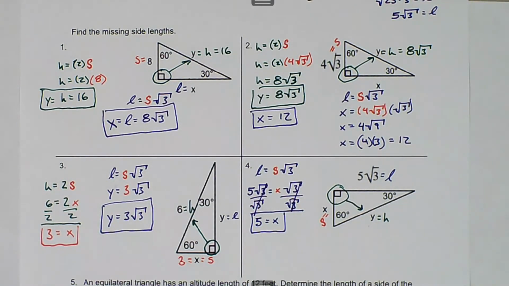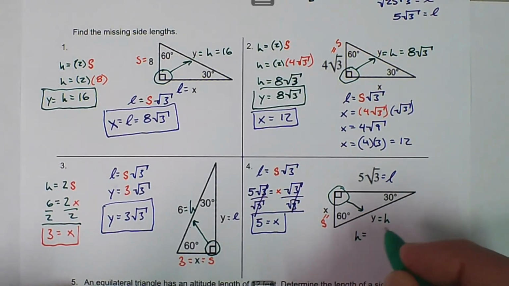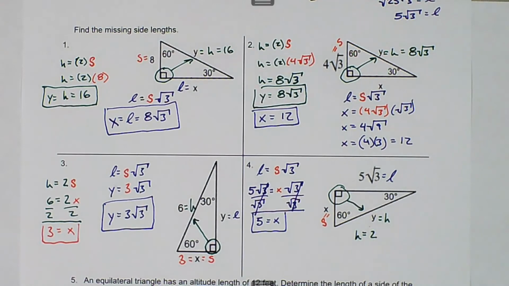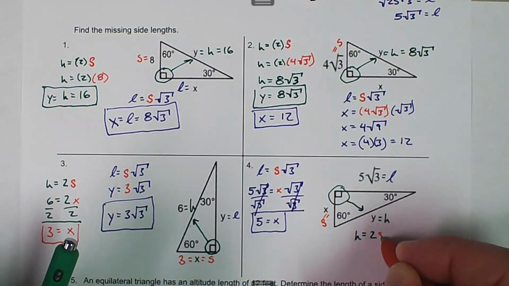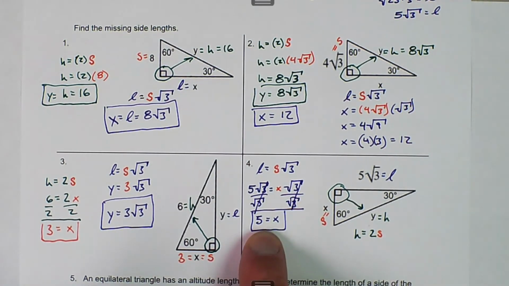And then now we want to use that value to calculate our hypotenuse. So our hypotenuse is equal to 2 times the value of s. And we calculated already that our short side was 5.